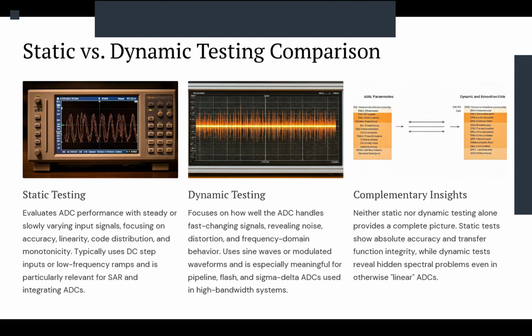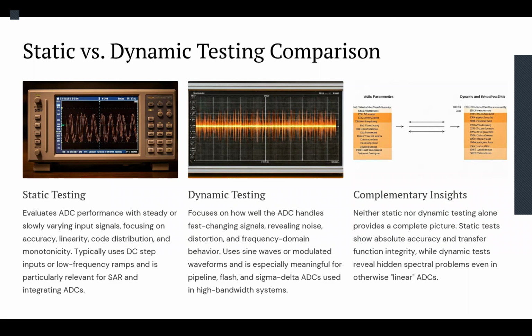Now, what are the differences between static and dynamic testing, and why do we have these two categories? Each method, static and dynamic, evaluates different performance aspects, and they are necessary to fully understand how the ADC behaves in various conditions.